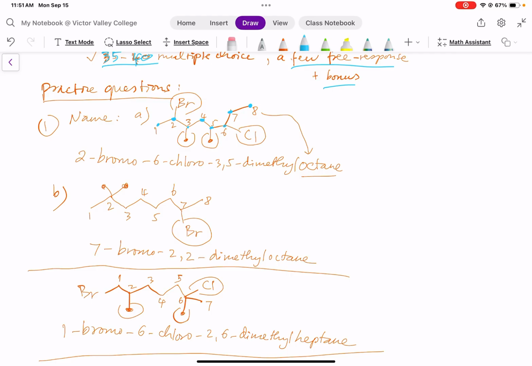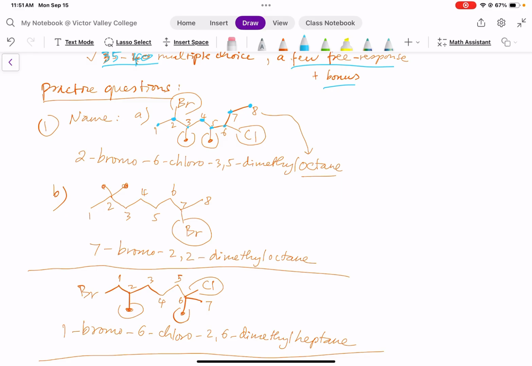You want to start on the side that is closer to the first branch. If the other side is also closer to the first branch, then you go for the second branch. If everything tied up nicely, then you go for alphabetical order. Okay, regardless of how you number the carbon, alphabetical order always applies.